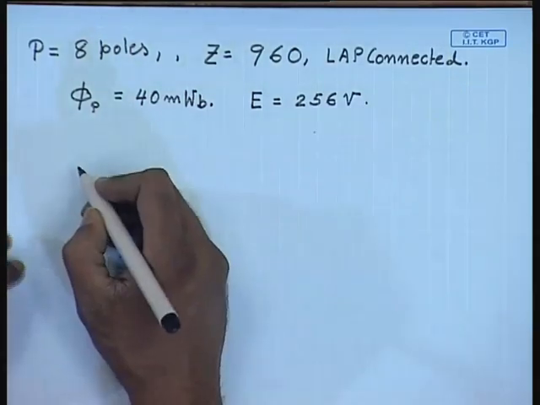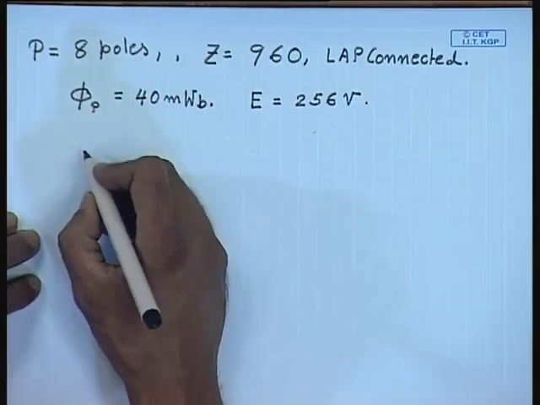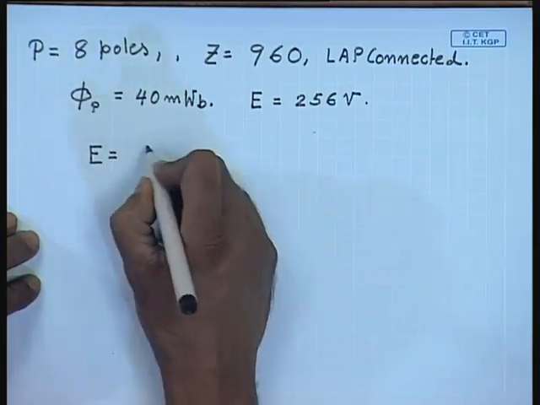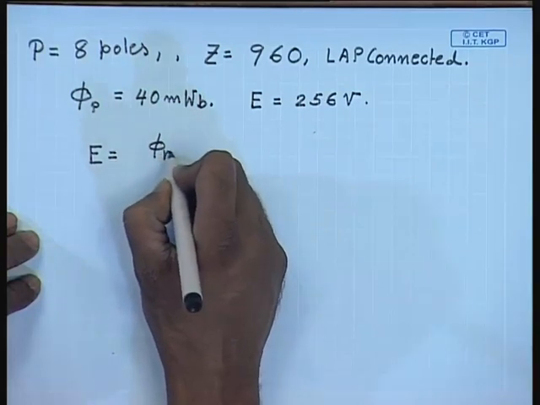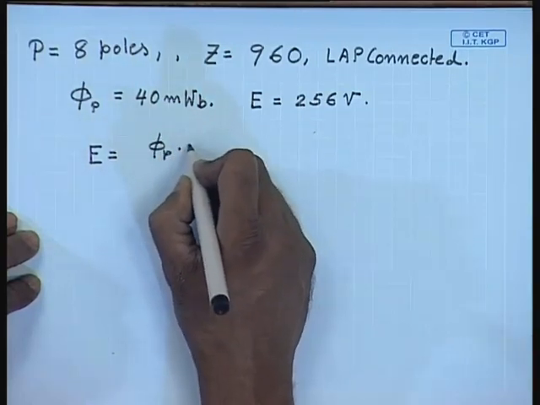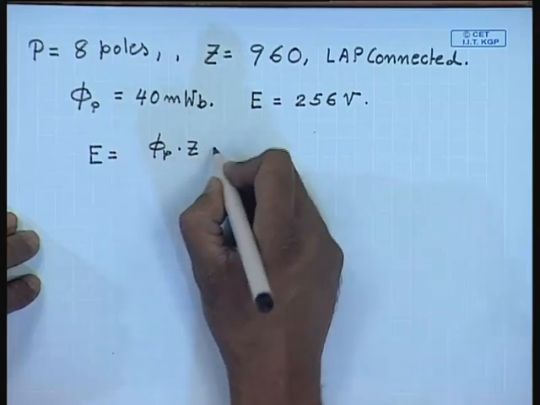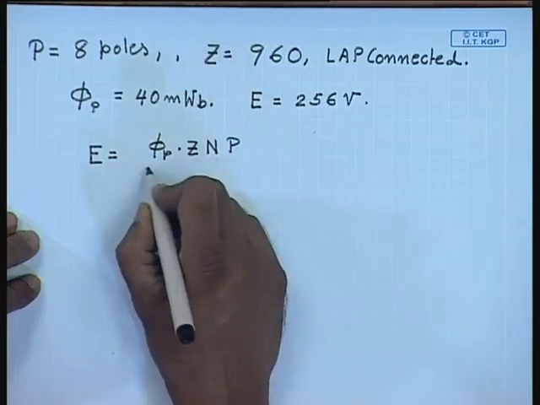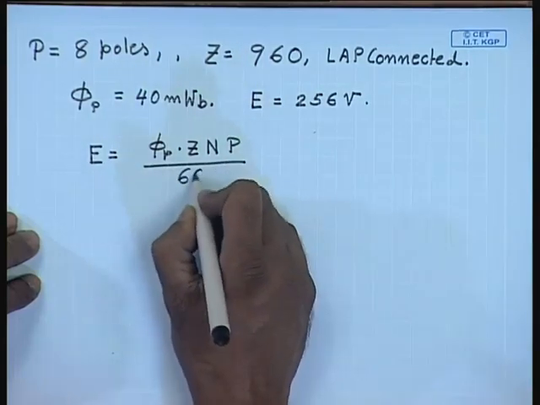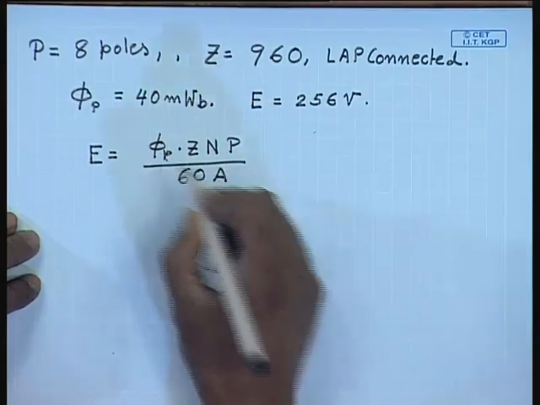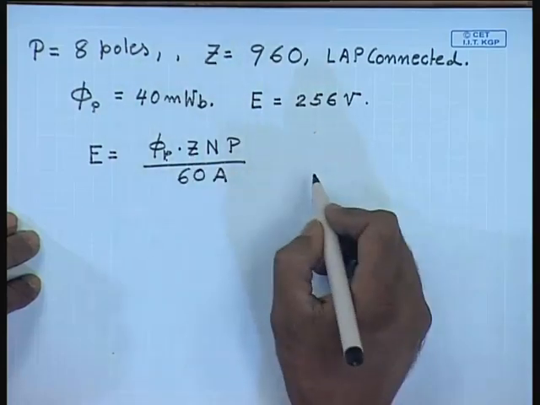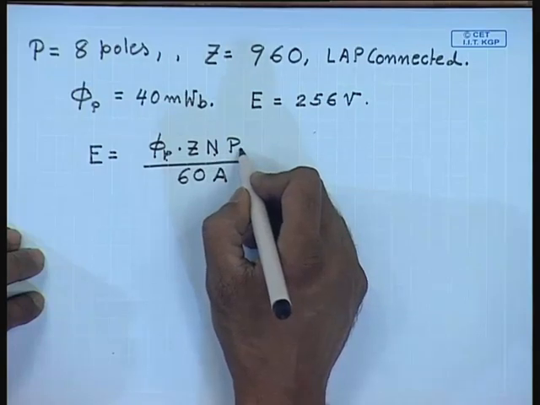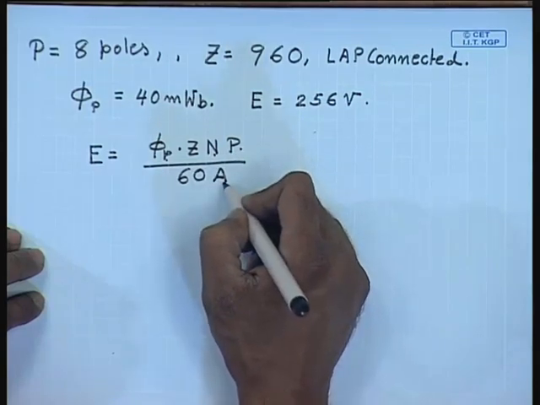This is a straightforward application of the formula of induced voltage, which is given by E equal to phi p Z n p by 60 A, where phi p is the flux per pole, Z is the total number of conductors, n is the speed of rotation in rpm, p is the number of poles, and A is the number of parallel paths.